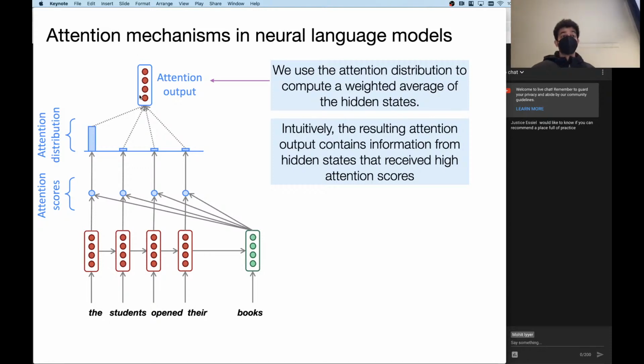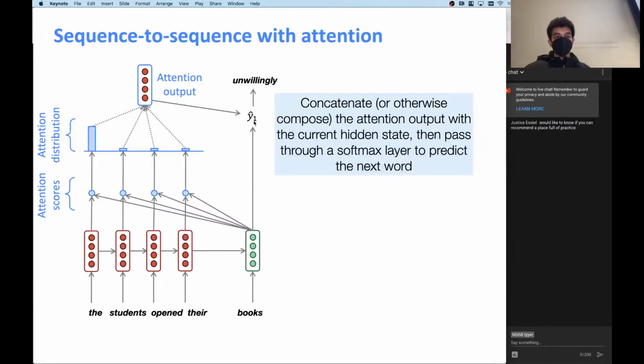So what we're going to do is take this vector and concatenate it, or compose it using some other method, with our current hidden state, and then feed the result into the softmax layer. Here, we're going to apply concatenation, say, so we get this red vector concatenated with this green vector. Then we feed that through a softmax layer and get a probability distribution over the next word.